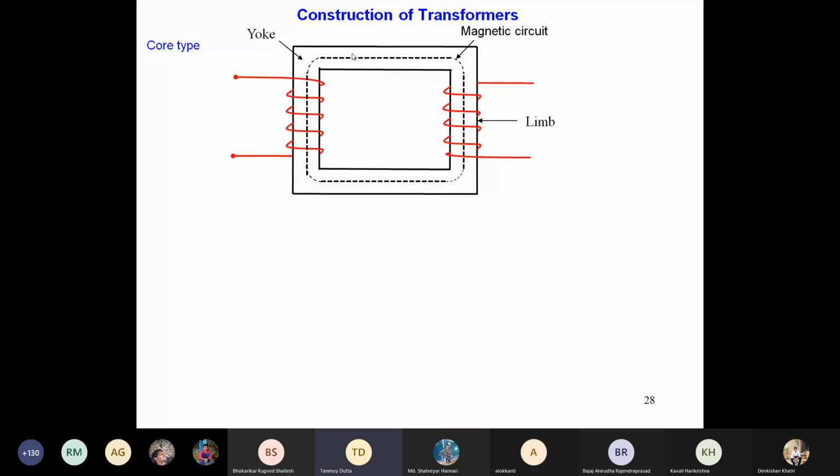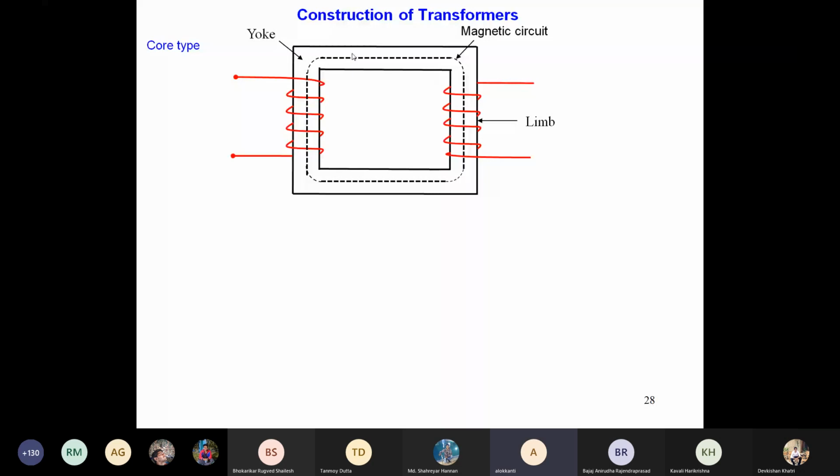If the magnetic circuit is passing through the entire lamina, then why are we only connecting the secondary coil on the limb? Why can't we connect it on the horizontal portion also, because there also the magnetic flux is going in the circuit? You can do those things. But once you have multiple coils, they have to be physically arranged.